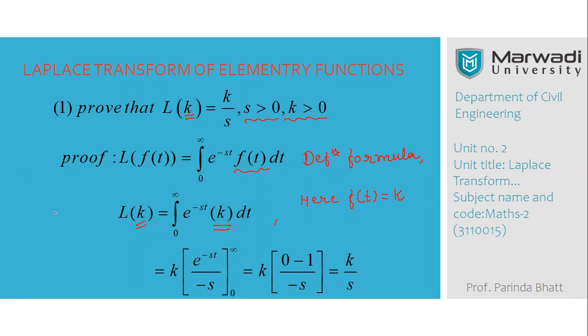Now the most important thing, everyone: when we apply infinity, e raised to minus infinity, we can write as 1 by e power infinity. The value of e is 2.7183, therefore 1 by infinity. Now what is the value of 1 by infinity?